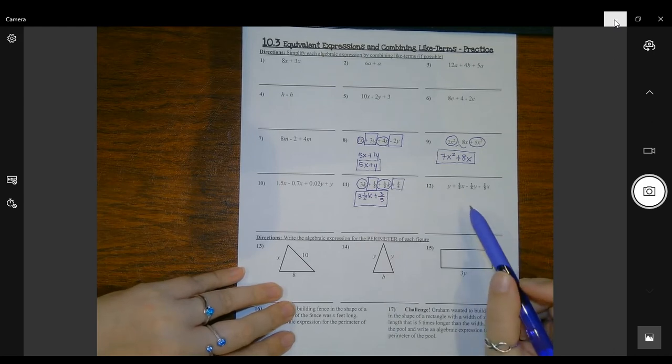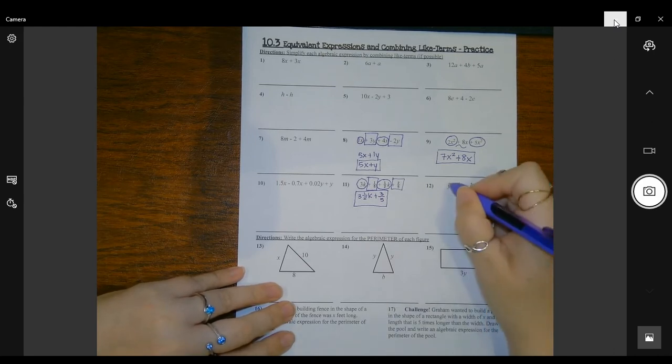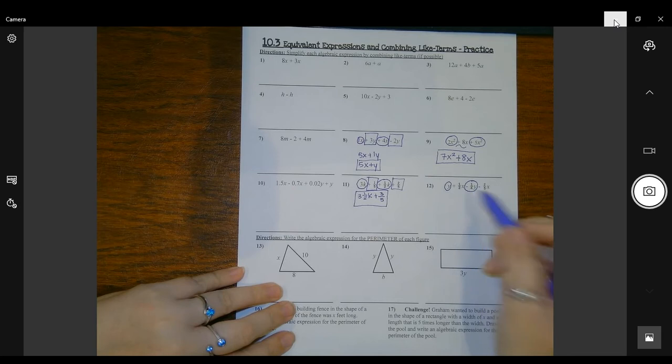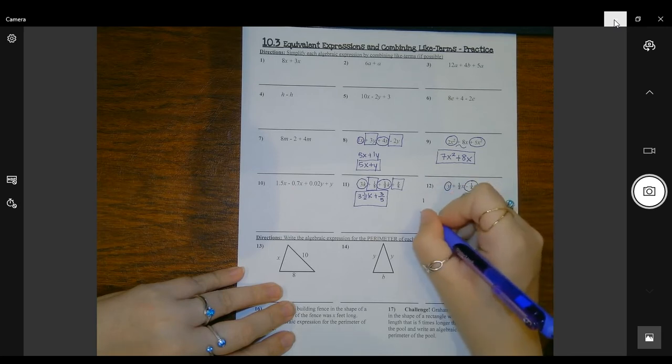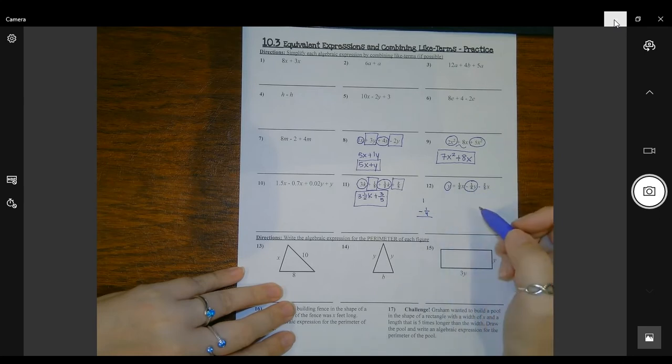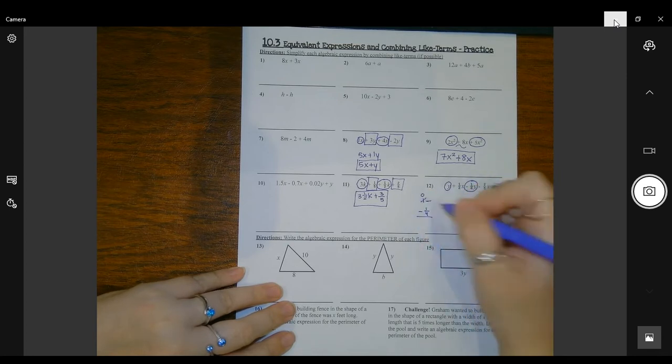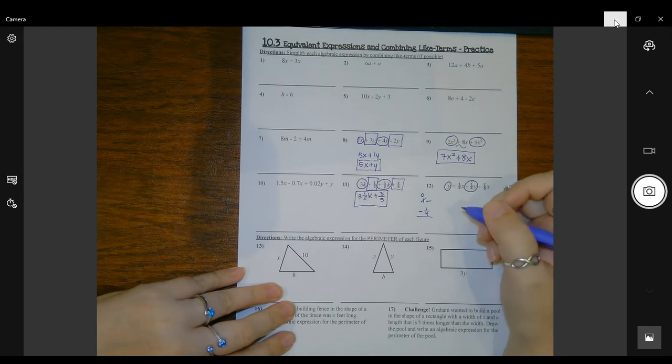This next one is a little bit trickier, okay? You have the like terms of y and y there. So you have 1 minus a fourth, in order to combine the y's. Well, can you take 1/4 from nothing? No. So I need to borrow from the whole number, and then I'm going to write 1 as a fraction of the same number over itself.